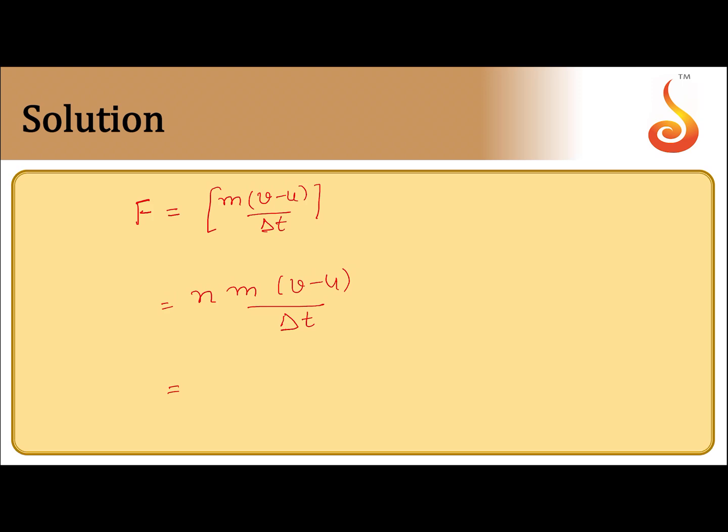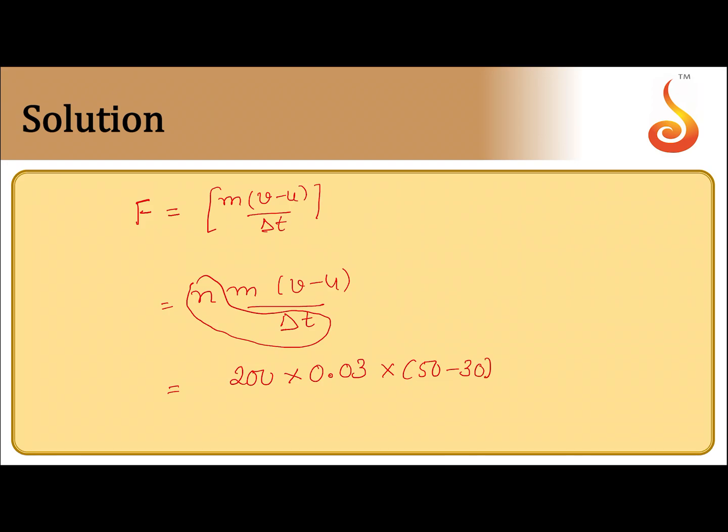Now, he has told us how many bullets are striking per unit time. This is already given to us. So, how much is that? This is n/Δt, which is 200, into the mass of each bullet 0.03 kg, into (v − u), 50 minus 30.